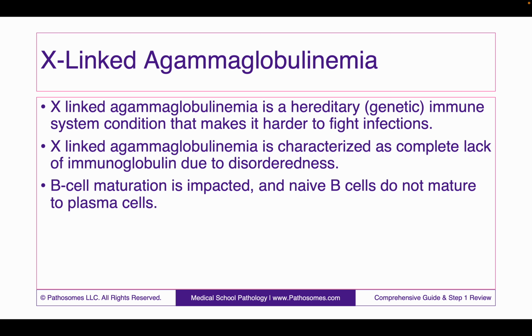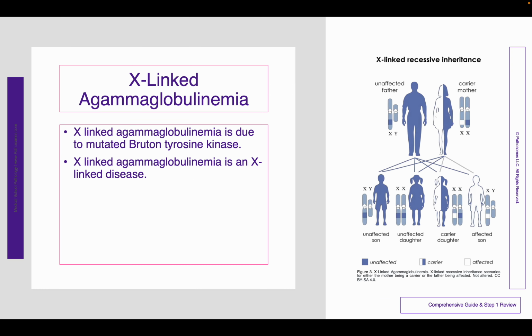B cell maturation is impacted, and naive B cells do not mature to plasma cells. It is due to mutated Bruton tyrosine kinase.